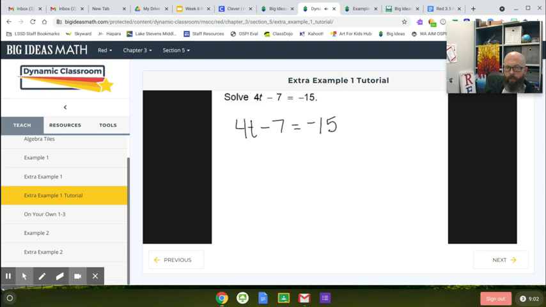So the goal is to get t by itself. Since we have 4t, let's start by getting 4t by itself. To do that, we must undo the subtraction of 7. To undo the subtraction, we need to use the inverse operation, which is addition, and add 7. Since we added 7 to the left, we also must add 7 to the right.